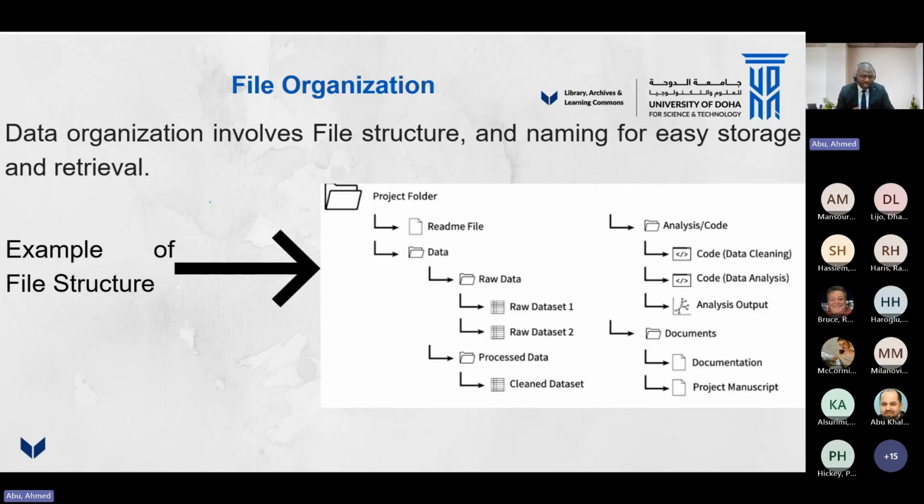From the screenshot, you will see how well structured the files are, each folder name matching the content inside the folder. For example, when you look at the project folder, you see the README is attached to the folder, and the data folder has two subfolders, which also have their own content. For example, in the data folder, the subfolders are raw data and processed data.